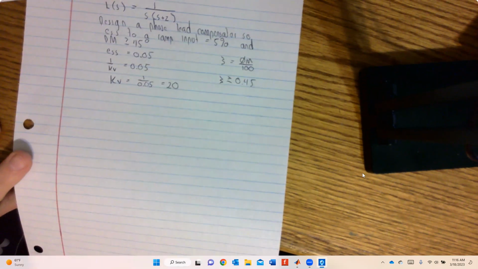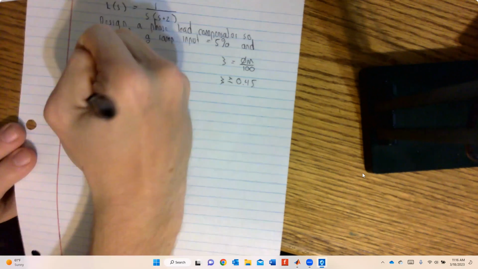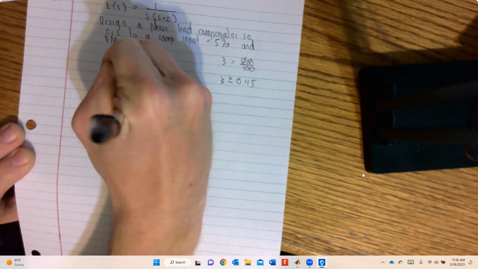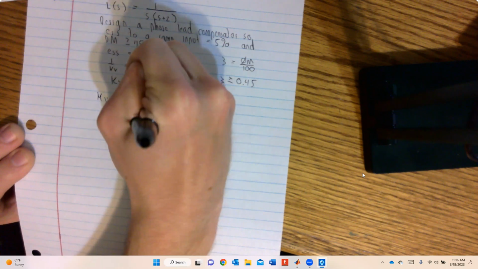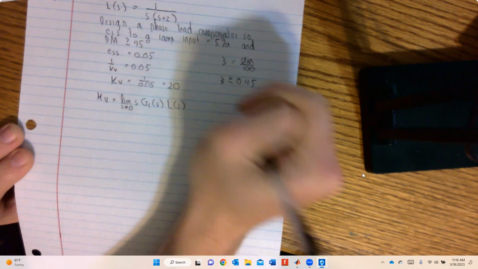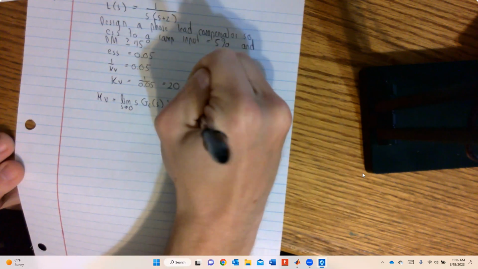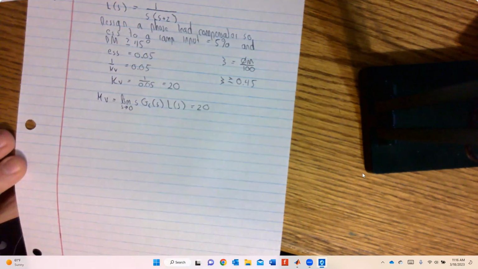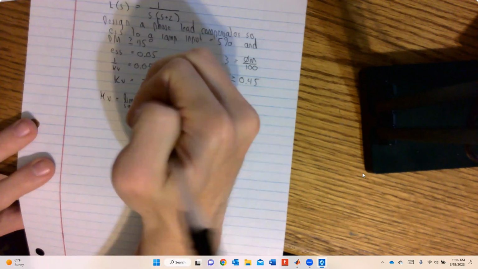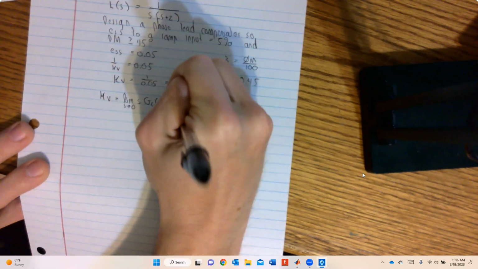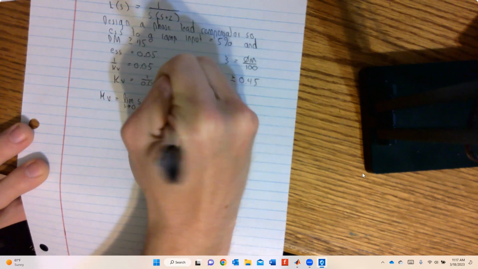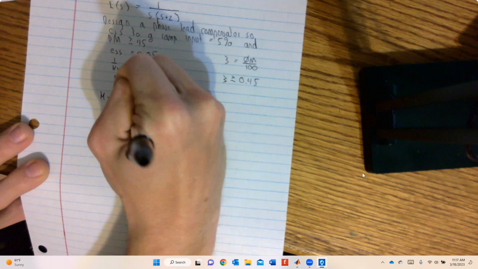What we know about our KV, remember, KV is equal to the limit as S goes to 0 of S times GC of S, your compensator, times your open loop system. That needs to be set equal to 20. That's what we found KV needs to equal. Our L of S is 1 over S times (S plus 2), multiplied by GC of S and S, and the limit as S goes to 0 is equal to 20.